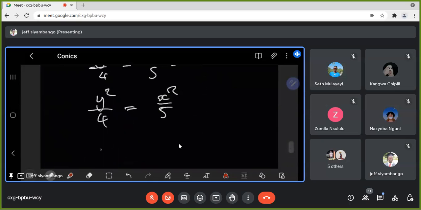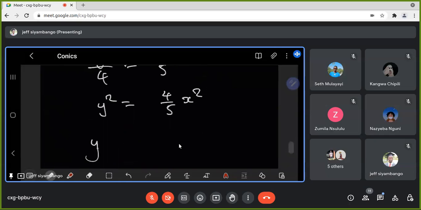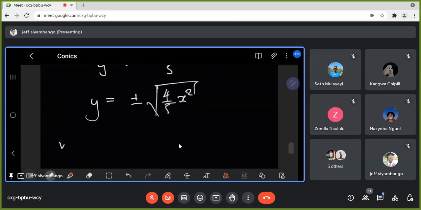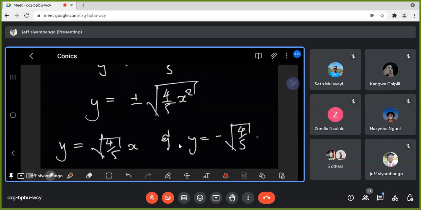So that in the end, we have y squared is equal to 4 over 5 x squared. Square root both sides, we end up with y is equal to plus or minus root of 4 over 5 x squared. Simplify this, you get two equations. y is equal to positive root 4 over 5 x, and the other being y is equal to negative root 4 over 5 x. So these become the equations of the two asymptotes.